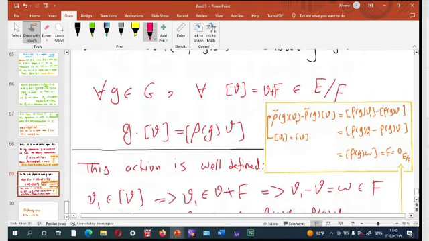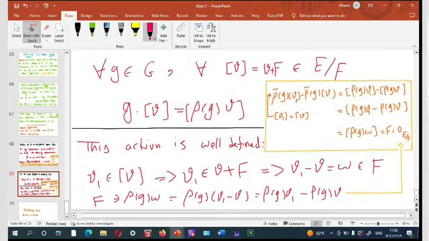I write this again for you. This action is well defined.